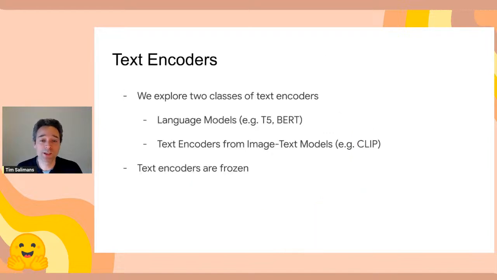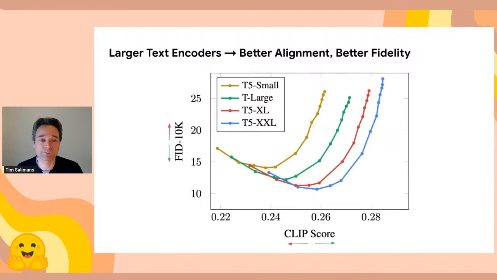For the text model, we investigate different classes of text encoders. We look at language models like T5 and BERT, and we also look at text encoders from image-to-text models like CLIP. And we actually find that these text-only models work very well, which is kind of surprising since they never even saw visual data during training. So we take these language models and we freeze them so we don't train their parameters, and we still find that their representation is very useful for generating images.